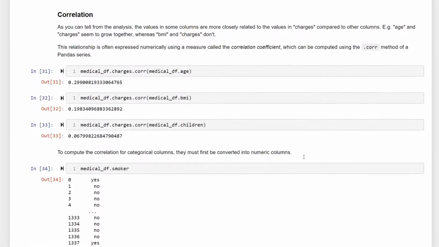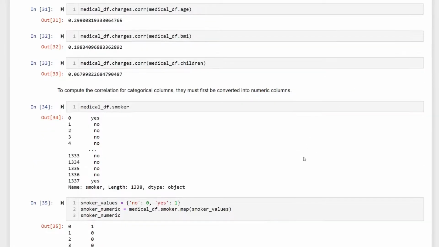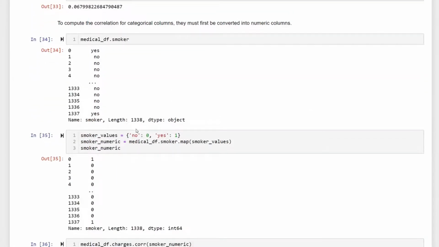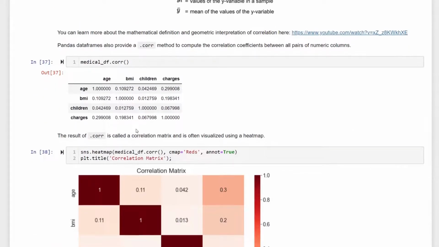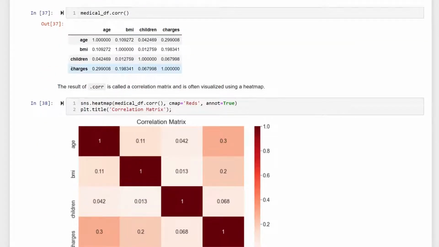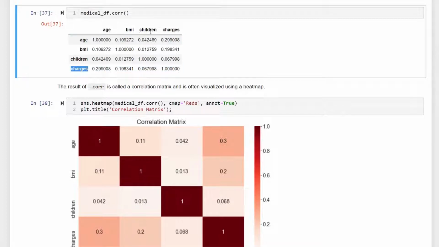In that correlation, we got the best correlation for the smoker and the charges.